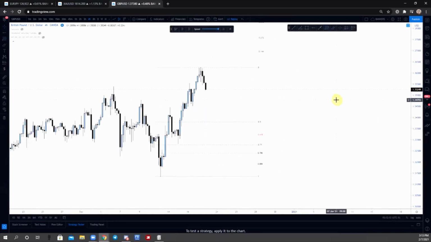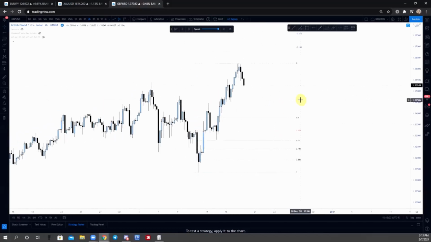Now, when you're looking at the Fibonacci tool, you almost want to look at it like a measuring tape, because all we are doing here is measuring this move. So let's say this move from this low to this high was a $20 increase on whatever this is.